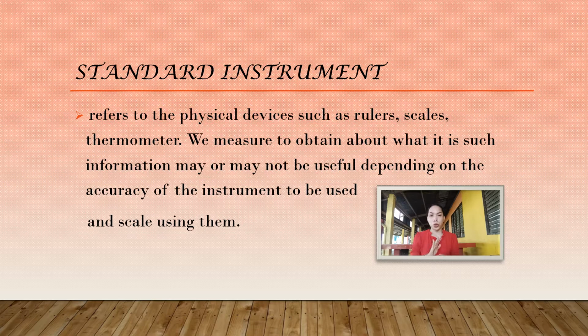We measure to obtain information about what it is. Such information may or may not be useful depending on the accuracy of the instrument used. For example, we measure how big a classroom is in terms of square feet, the temperature of the room by using a thermometer, or use an ohmmeter to determine the voltage or amperage and the resistance in the circuit.